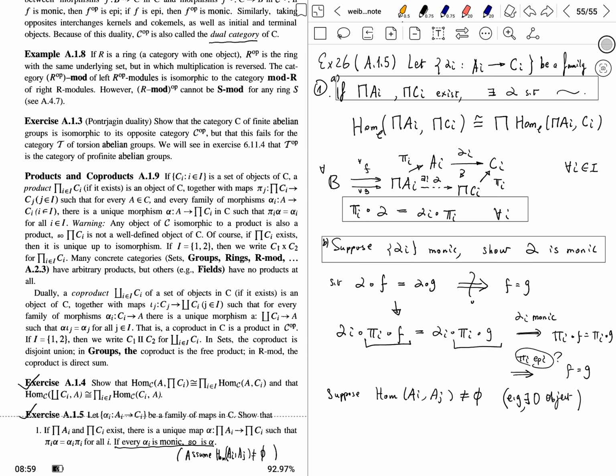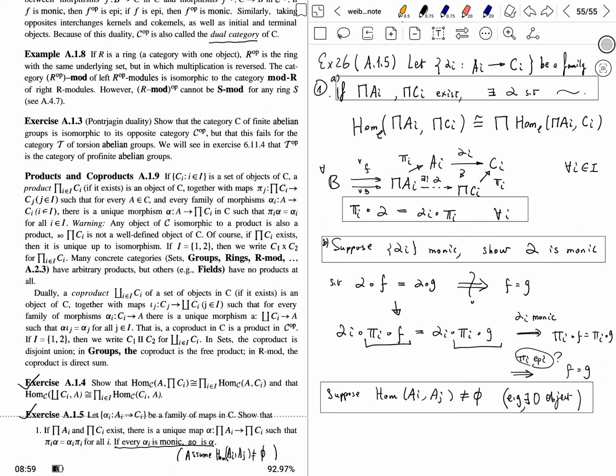Not sure we could remove this assumption to prove this. If you think so, you could put down a comment. Okay, thank you.